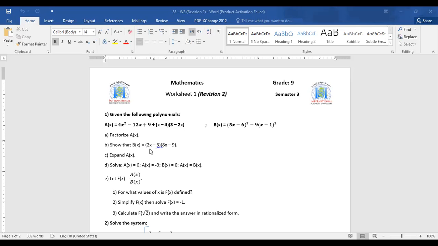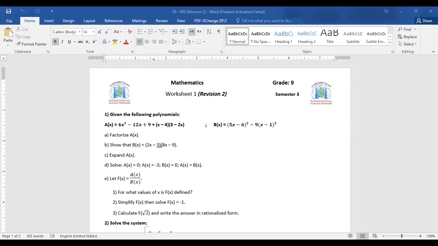I will read it again for you, Adam. 2x minus 3 into 8x minus 9 expanded or factorized? Factorized. Okay, so here when you are asked show that B of x is written in this form, as if he is telling you factorize B of x. So this is B of x. We should factorize now Adam B of x, okay?